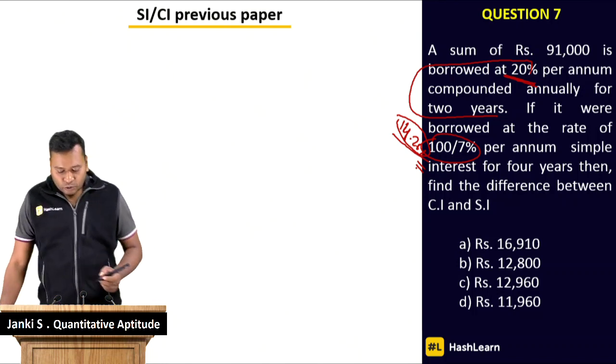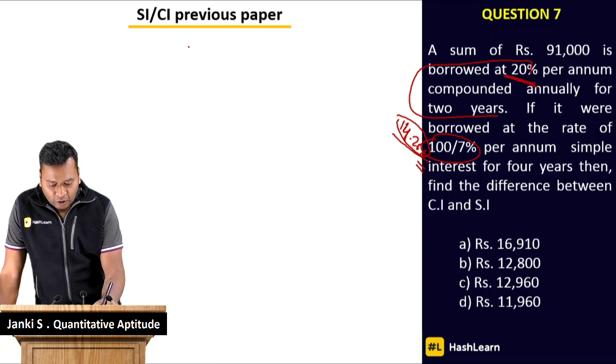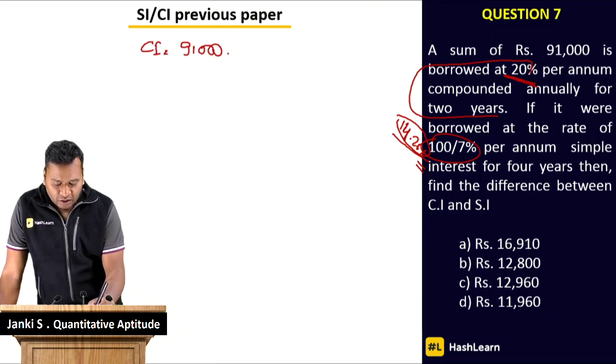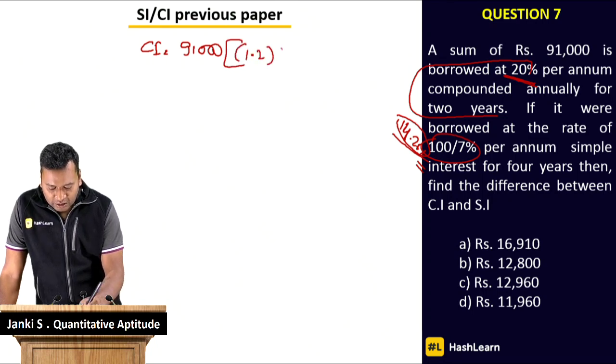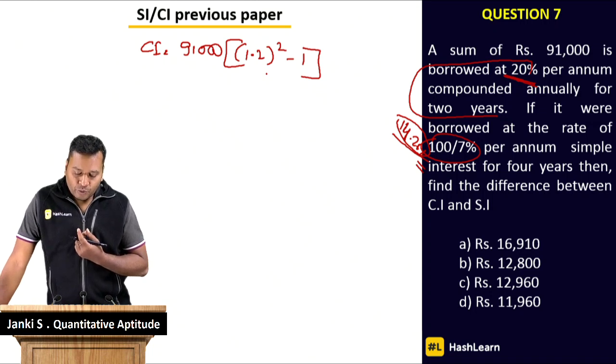So let's check. So now my compound interest for 2 years will be how much? 91,000 into 1.2 raised to 2 minus 1 is my representation. So let's work on this. How much is 1.2 squared?